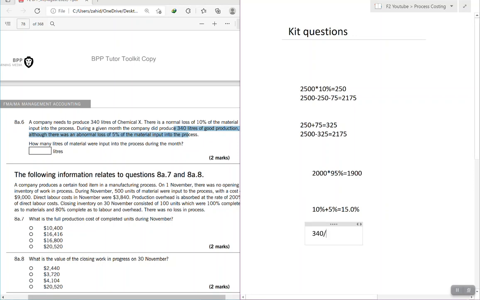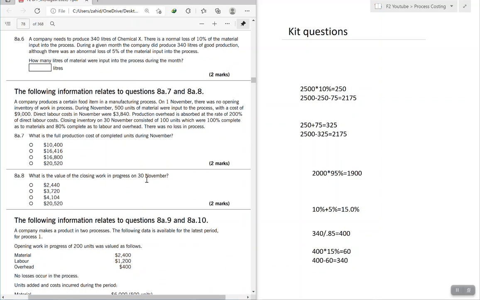If 340 liters is output, that means 85% of whatever is input. That means input would be 340 divided by 0.85, or 85%, same thing. So 400. Now, to double check it, we have 400 multiplied by 15%, which is 60 loss. 400 minus 60 becomes 340.